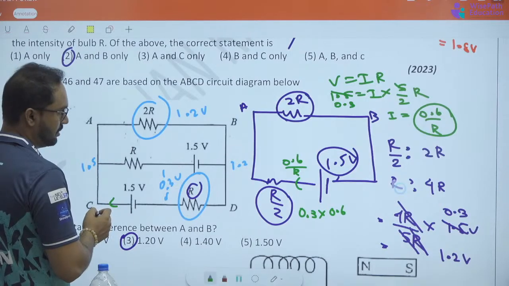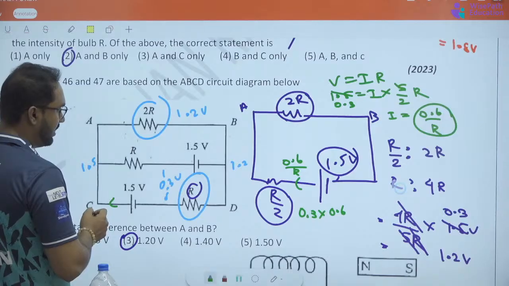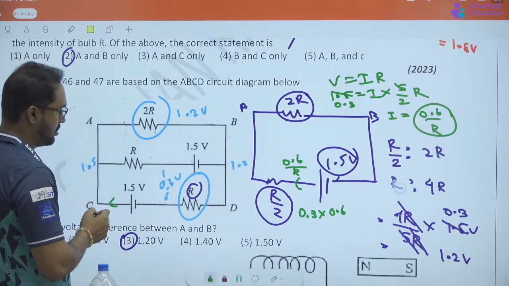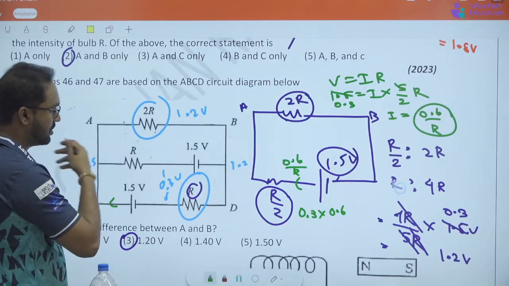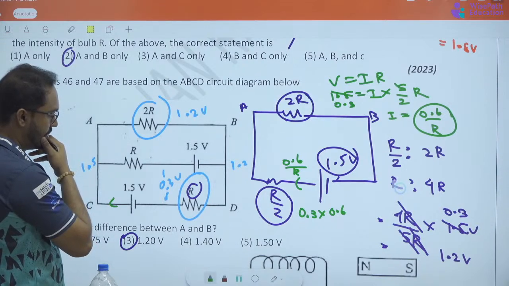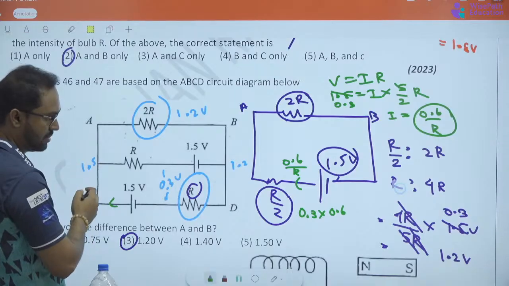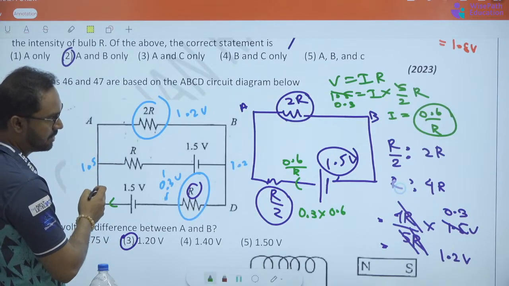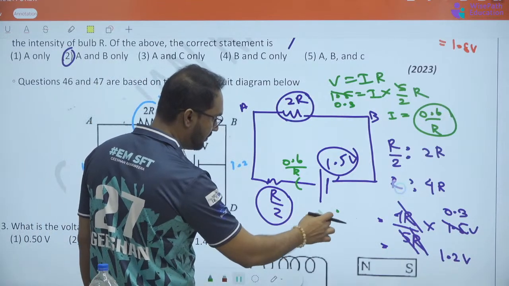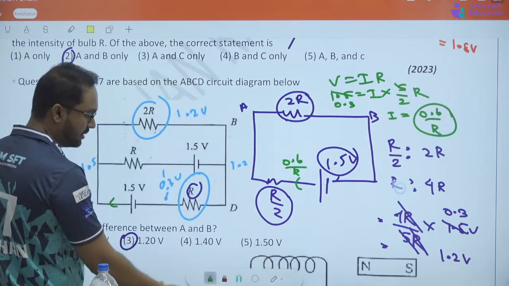This current coming out will be divided into 2. Hold on, total current. I'll come to this one after we find the total current.